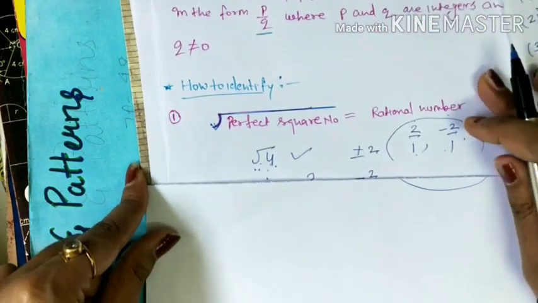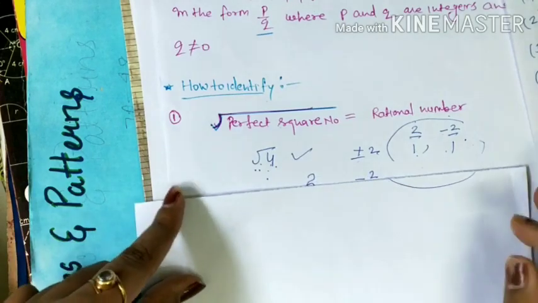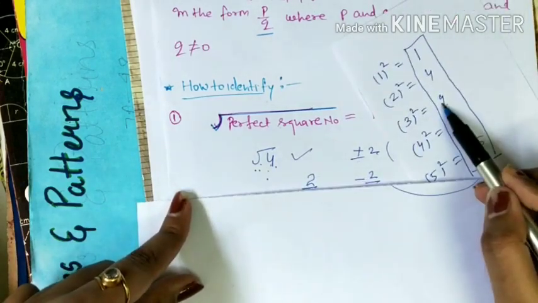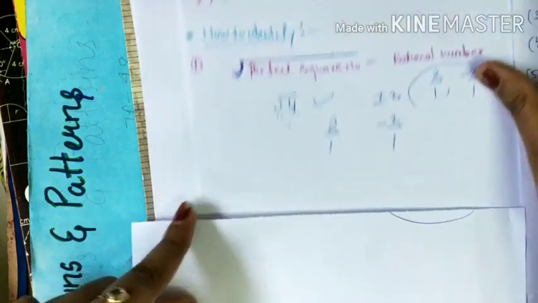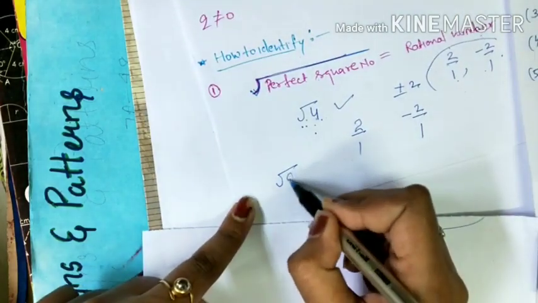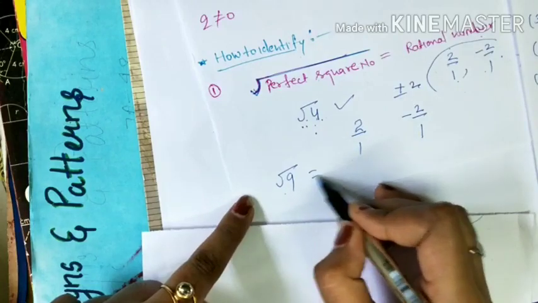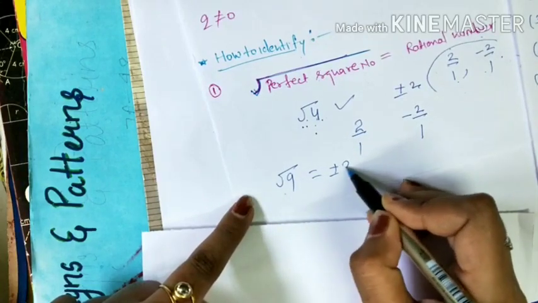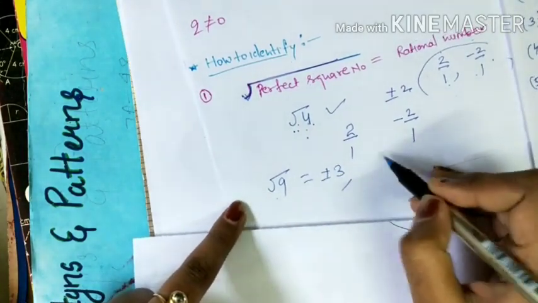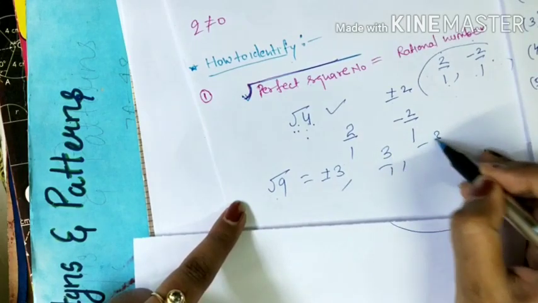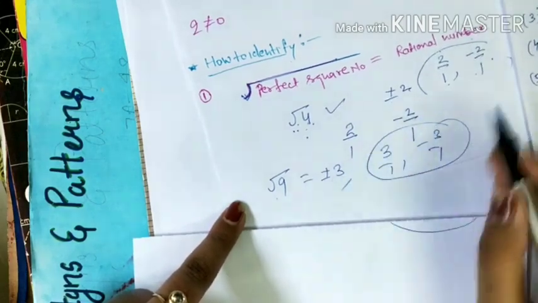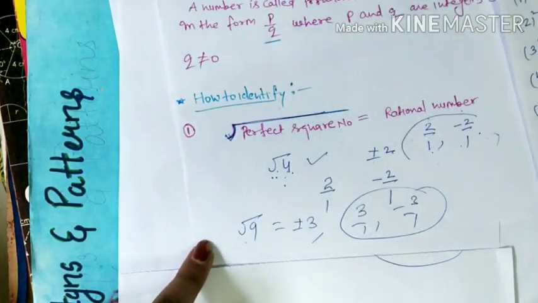Hope you got it. Again, if I take one more example, 9 is also a perfect square number. If I write under root 9, then it is also a rational number, because I can write under root 9 as plus minus 3. Plus minus 3 means I can write 3 by 1 or minus 3 by 1. It means these are also rational numbers.